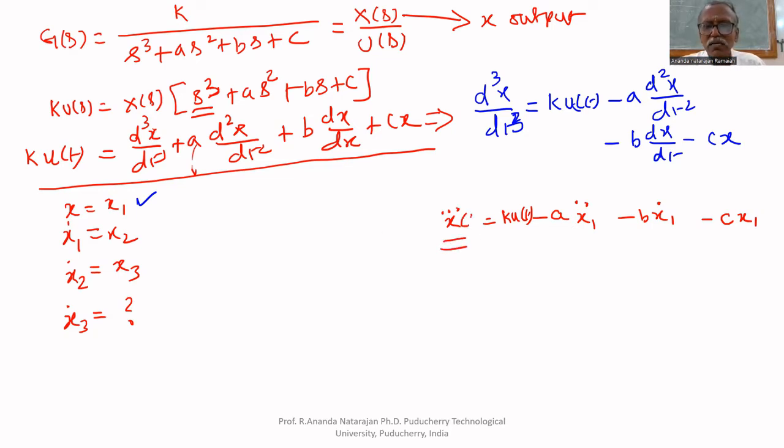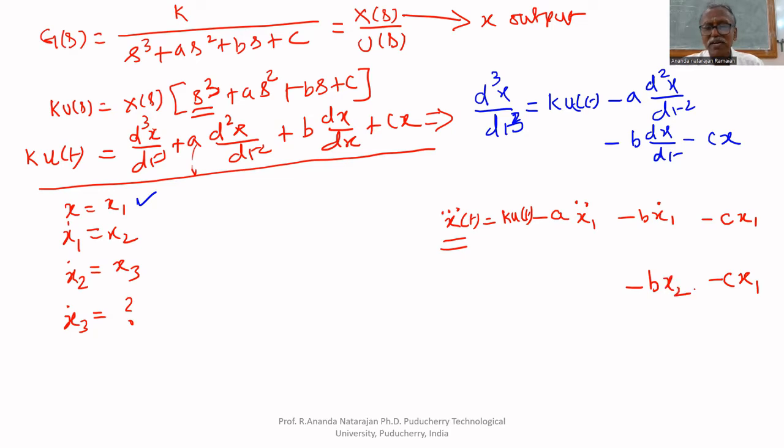X triple dot of t equal to k u of t minus a x1 double dot minus b x1 dot minus c x1. But x2 equal to x1 dot. That's why I am writing c x1 as such, but x1 dot is x2.